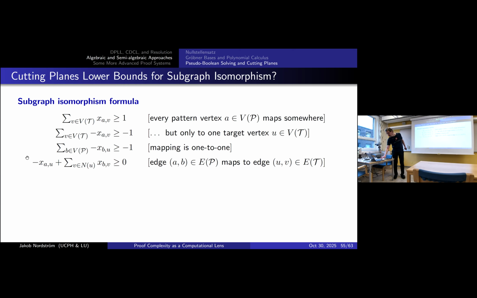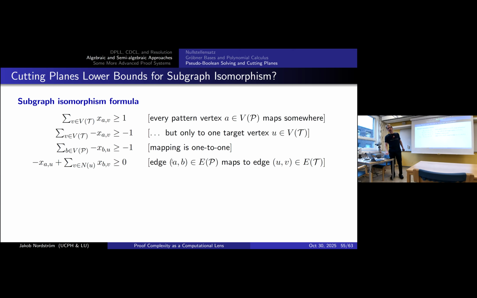But if A maps to U, then for some neighbor V of U, it has to be the case that B maps there if AB is an edge. I'm doing this a little bit fast, but hopefully it's believable that there is a subgraph isomorphism from P to T if and only if there's a satisfying assignment to this. Are you buying this? Kind of? Maybe, because it's getting late in the day, so you're buying this just to get out of this room.